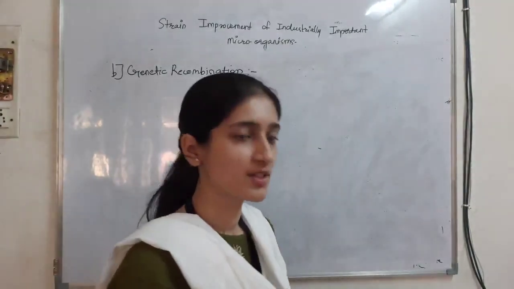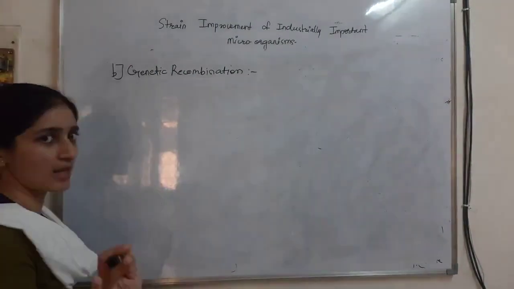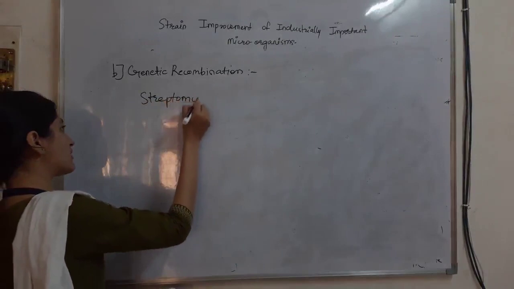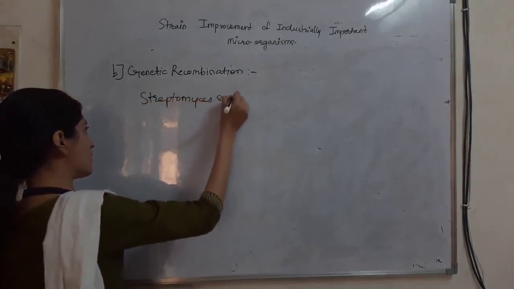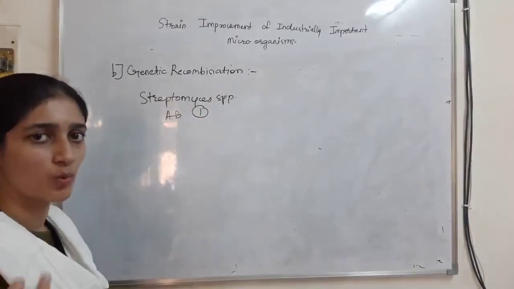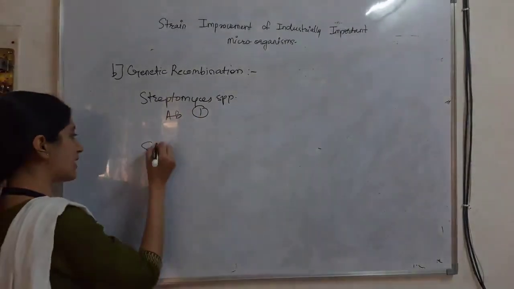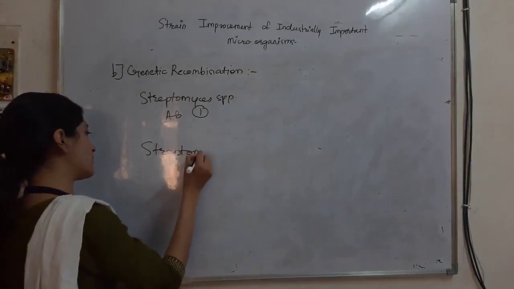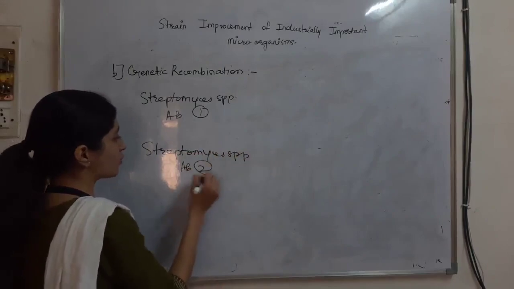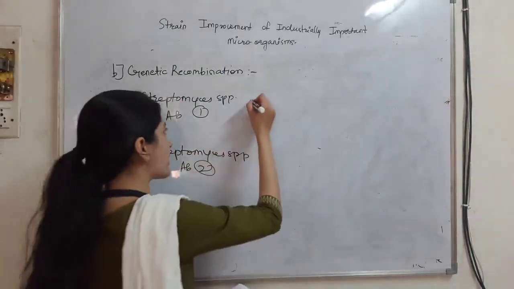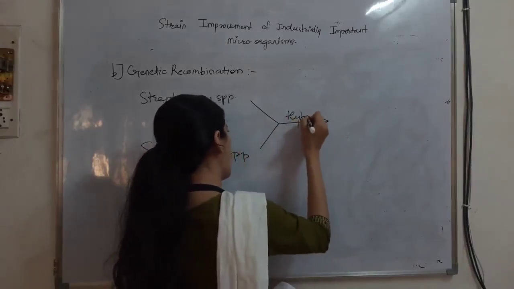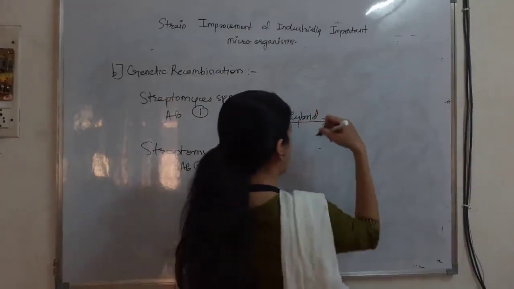For example, if we use a Streptomyces species 1, which produces antibiotic 1, and there is another Streptomyces species which produces antibiotic 2, we can combine both, form a hybrid and produce another organism.